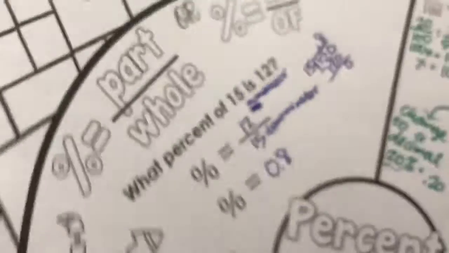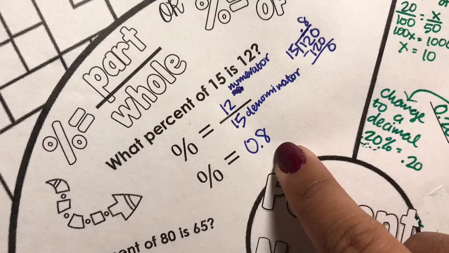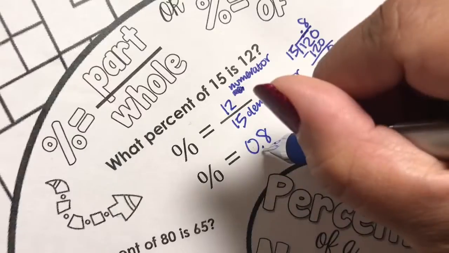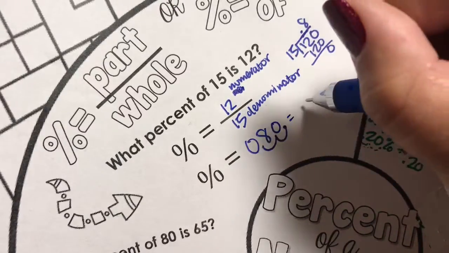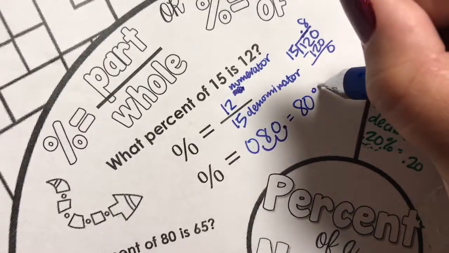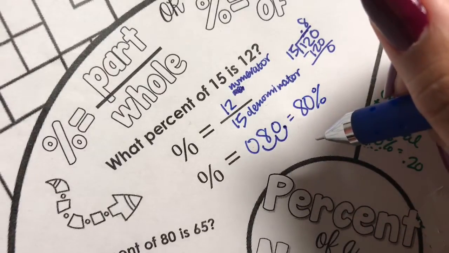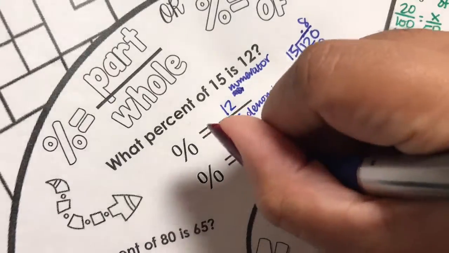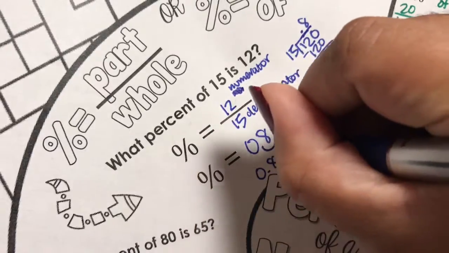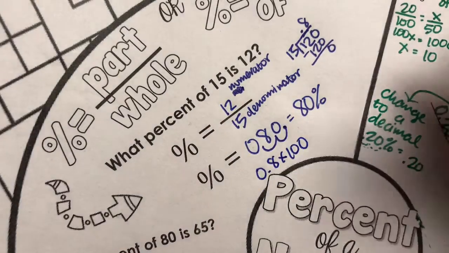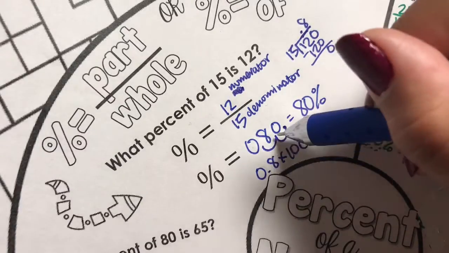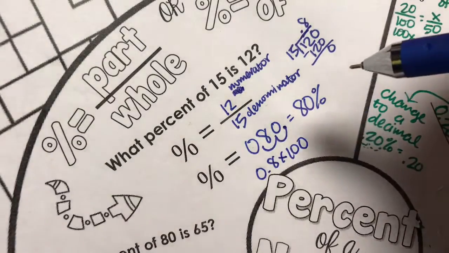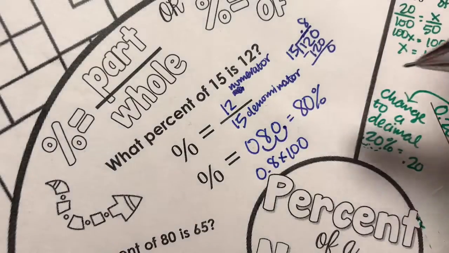So if we have to turn a decimal into a percentage, we have to move it 2 places to the right, which would leave us with 80%, which is the same as doing 0.8 times 100. It's the same thing, but the easy way is just moving the decimal 2 times to the right.